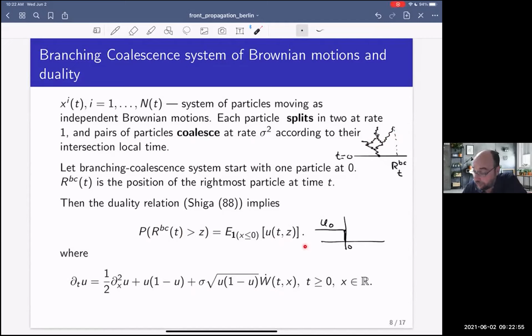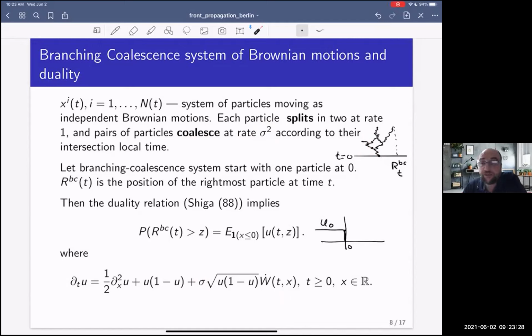So by this duality picture, one can get a heuristic idea why more noise slows down. And clearly when sigma goes to infinity, at any time when you have a branching event where two particles are born, the coalescence at rate infinity immediately makes the coalescence event, which means that when sigma is infinity, we're left with just one Brownian particle here.